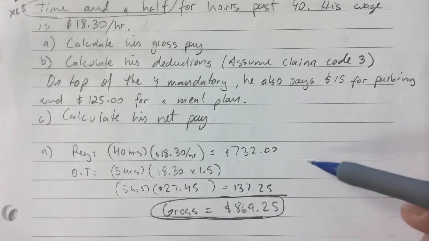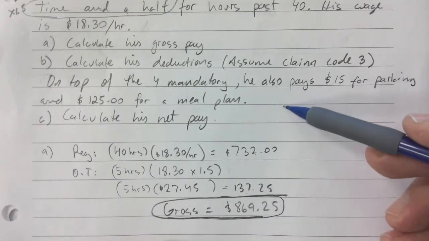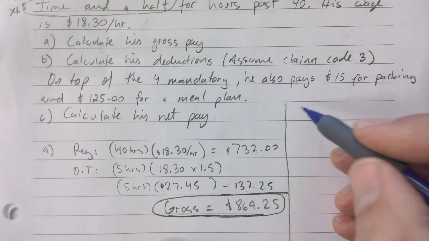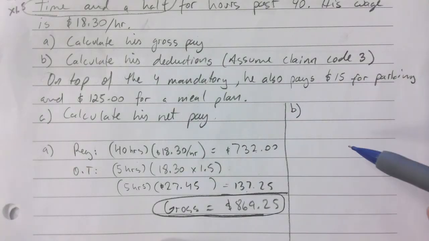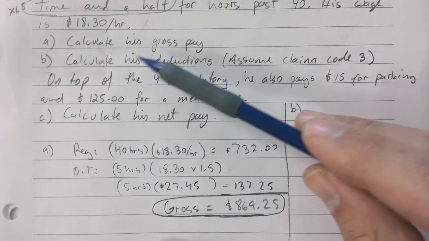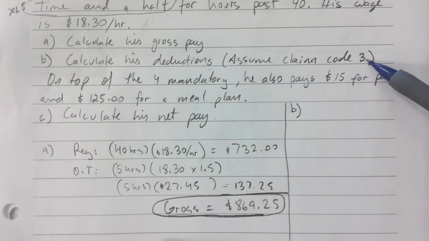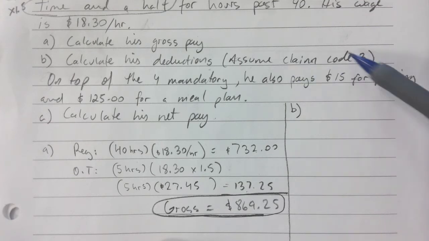And B, I'm going to make a line here and answer B here, okay? It says calculate his deductions. Assume claim code 3. I know where I'm going to use that. I'm going to use that for federal or provincial taxes later.